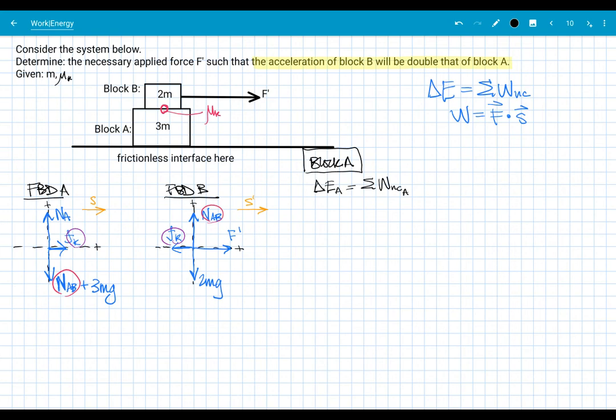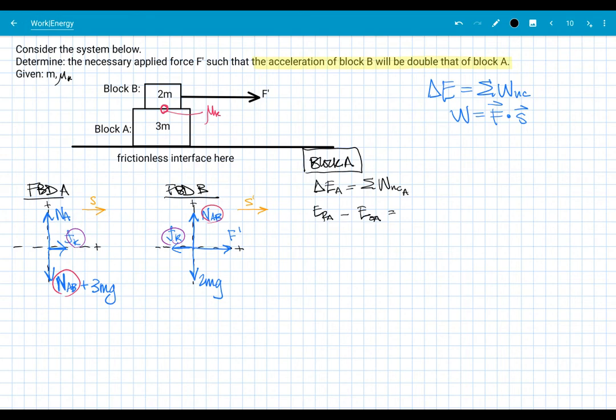Sure. And what that can look like if we flesh that out in a little more detail is energy final for block A minus energy initial for block A is equal to, now look at block A, which of the works is going to be the work that's contributing to our non-conservative work. So our non-conservative forces on A are basically the two normal forces and the frictional force, right?